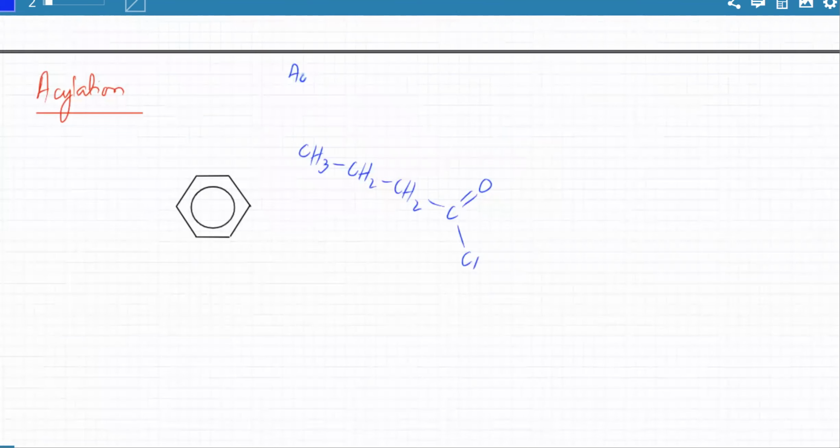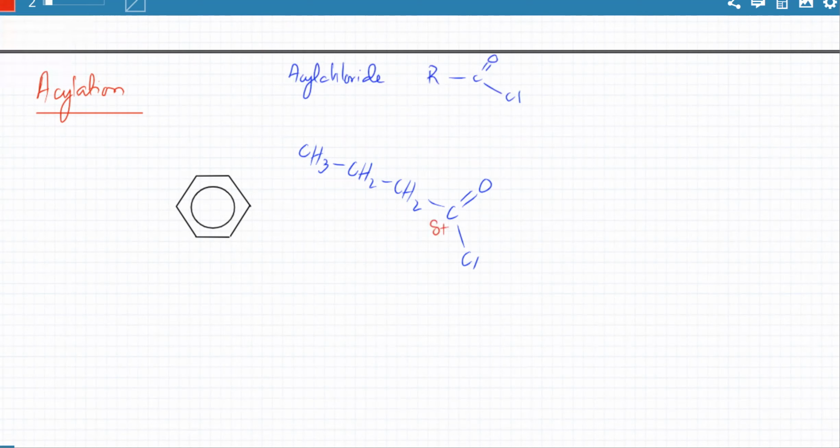So an acyl chloride is going to be RC, there's going to be a double bond O, and there's going to be a Cl. Okay, that's what your acyl chloride is. Now, which of the carbon atoms is polar? It's this one. This is the carbon atom that's highly polar.